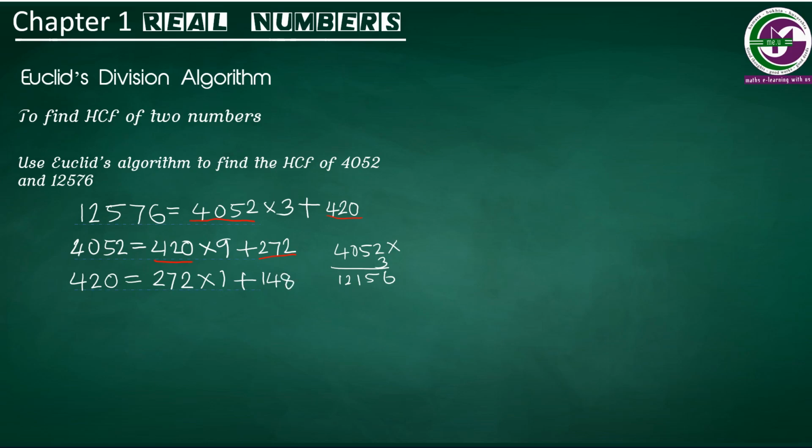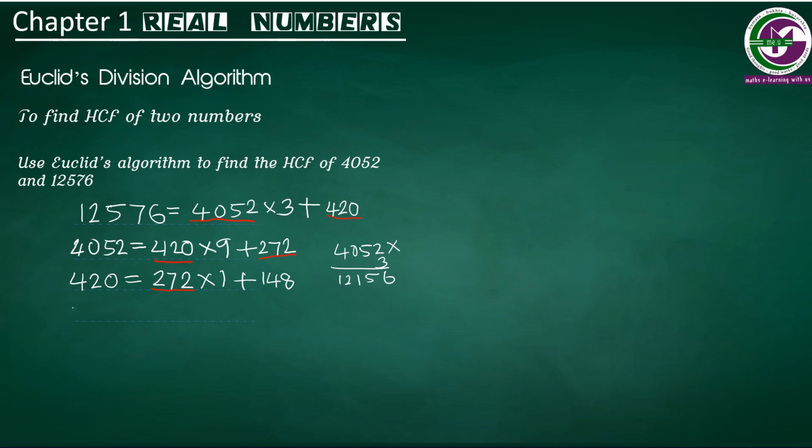Since the remainder is not 0, we need to proceed again. We'll continue the same step: take the divisor and make it the dividend for the next line.